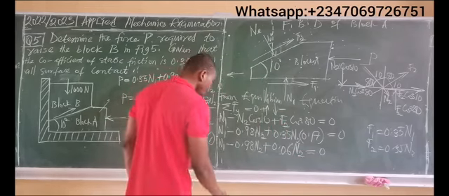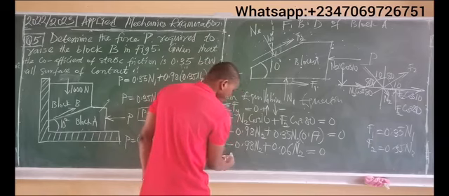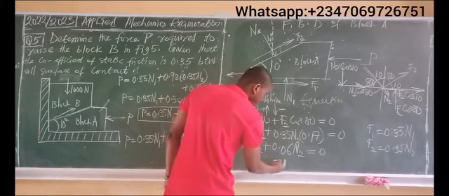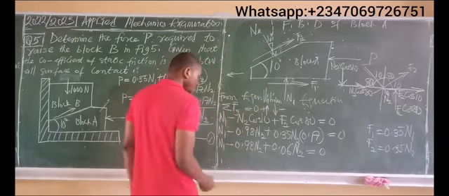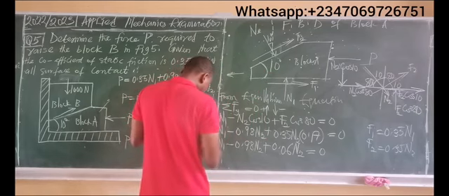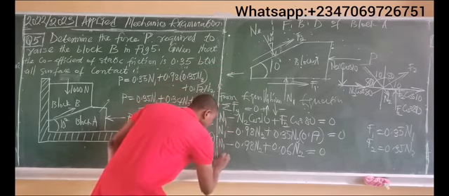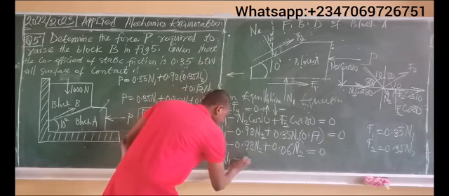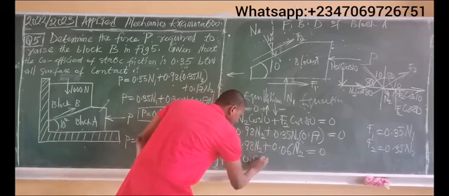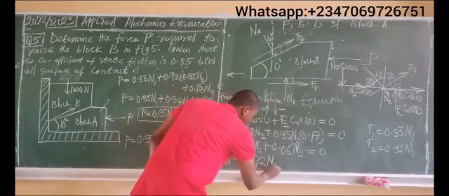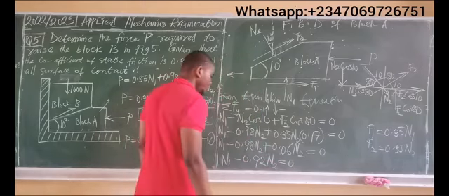So we simply evaluate. This is N1 minus 0.98 N2 plus 0.06 N2, so let's evaluate that too. Minus 0.98 plus 0.06 gives us N1 minus 0.92 N2, and this is equal to 0.